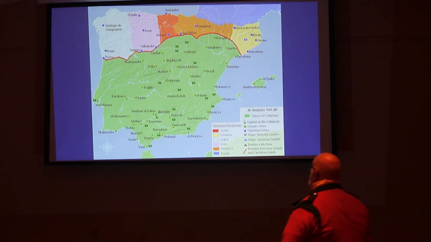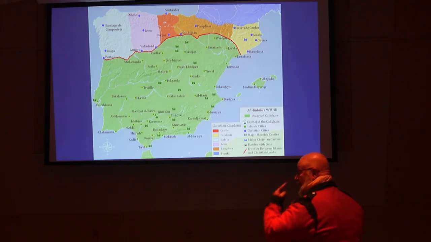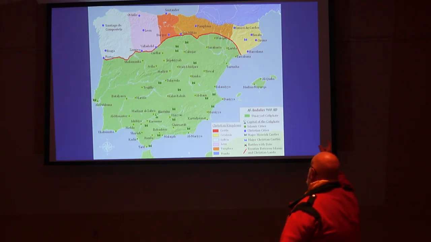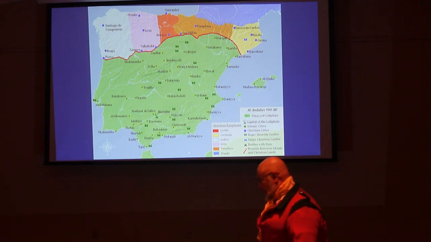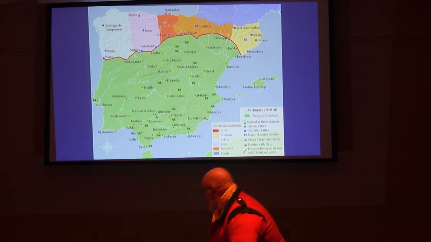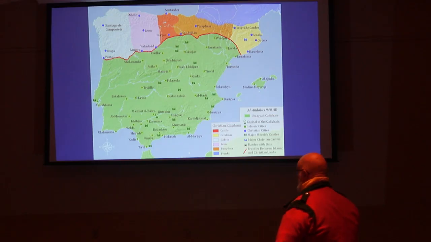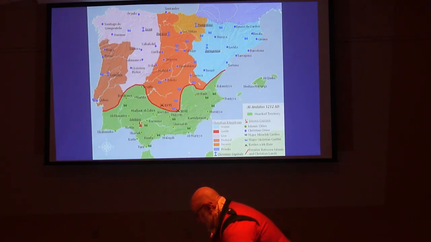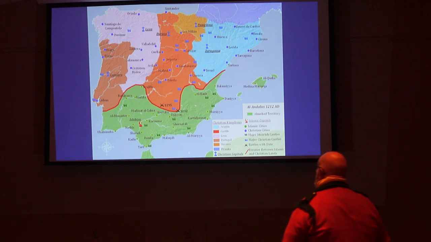By 940, they're starting to push the Islamists out, and you see the separate kingdoms, some of which are still trying to break away from Spain today. By 1212, the Islamists are pushed into the south.